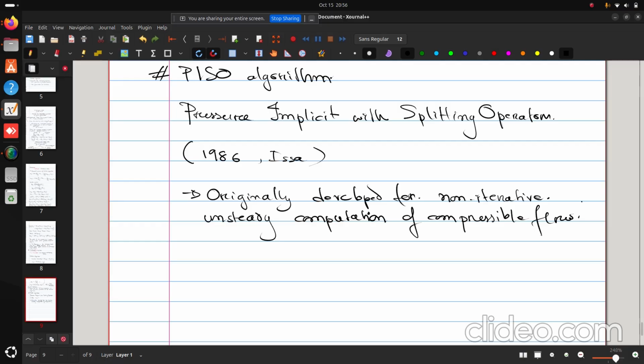Okay, and it has been subsequently successfully adapted for iterative solution of steady state problems as well.